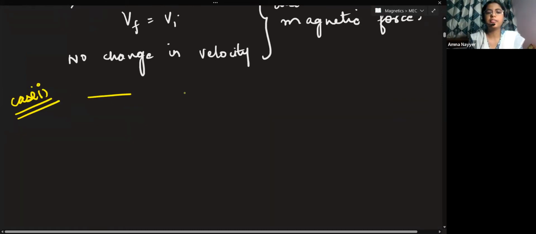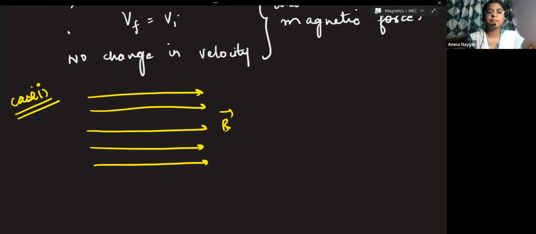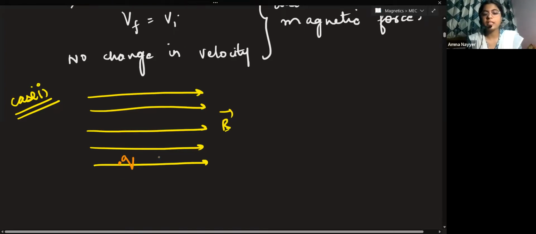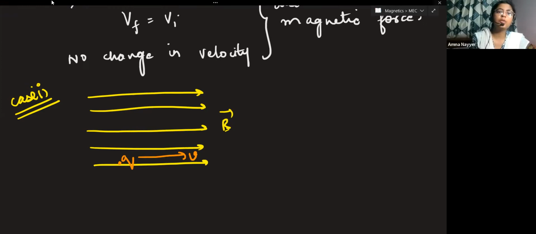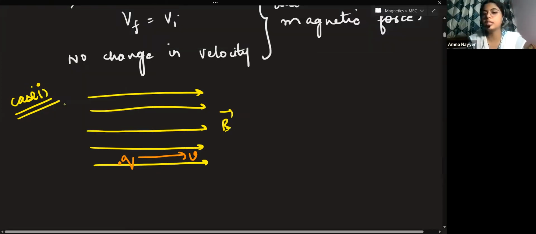See, if magnetic field is there, let's say in this direction, right hand side, I'm taking magnetic field is there. Now, charge is being kept and velocity is in the same direction. So what is the angle between the magnetic field and the velocity right now in this case?